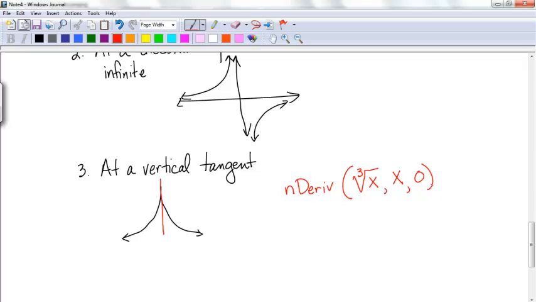Remember, you can find the cube root under the math key, and it's number 4. The cube root of x, close the parentheses, then comma x, comma 0. Then go ahead and press enter. My calculator gives 100. Anybody have anything different than 100? So the calculator gives you a derivative.